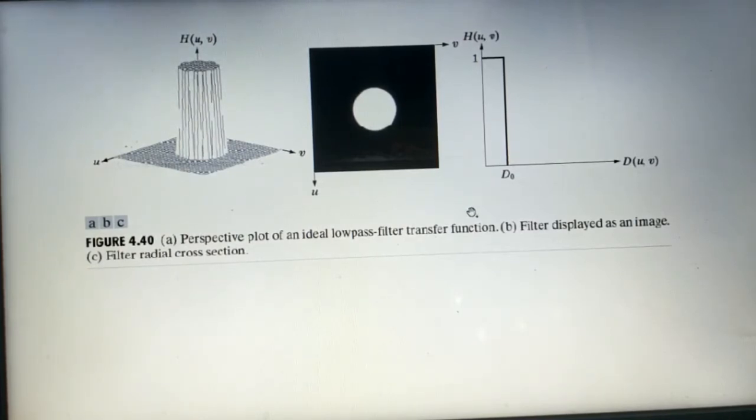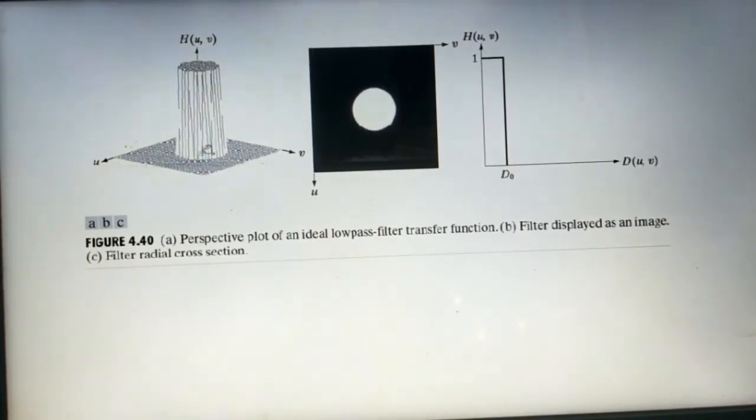This plot is called the perspective plot of an ideal low pass filter. Image B is also the frequency response, but this representation is called the image representation of the frequency response, capital H of U comma V.